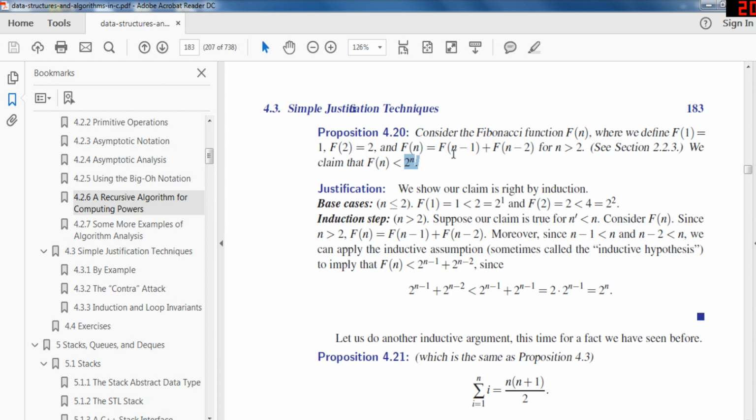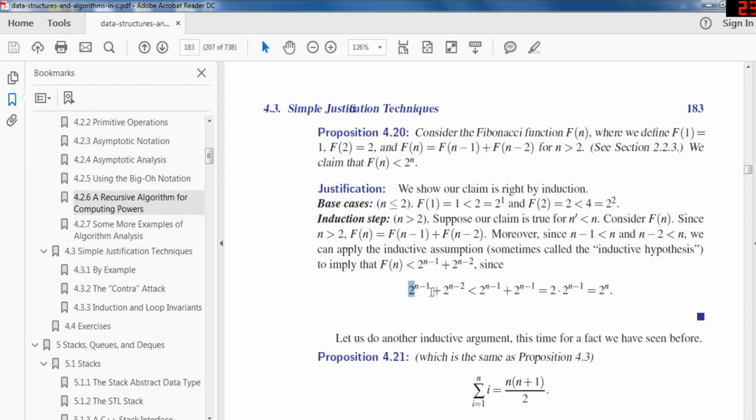Because think about it. We're assuming that f of n is less than 2 to the n, and because we know it's true, and n minus 1 is less than n, if you plug it in and add it to 2 to the n minus 2, the second value, it has to be greater than f of n.